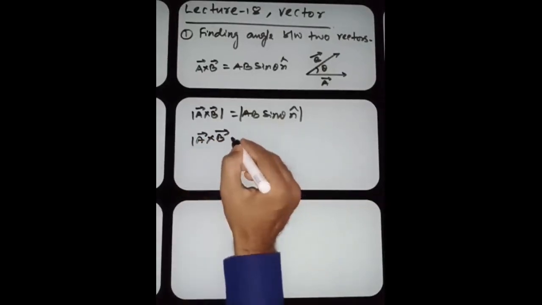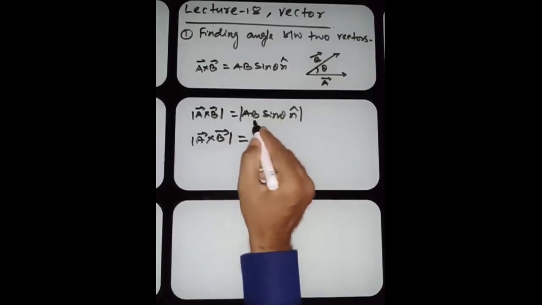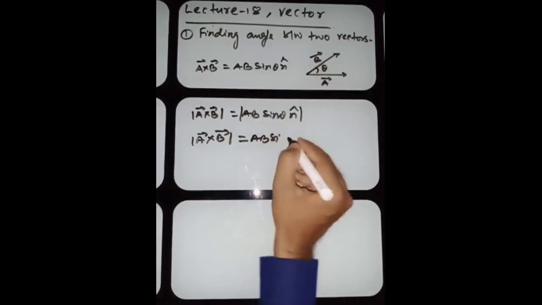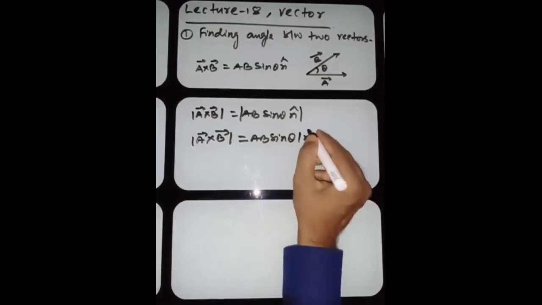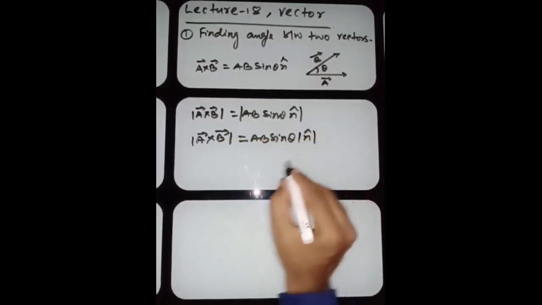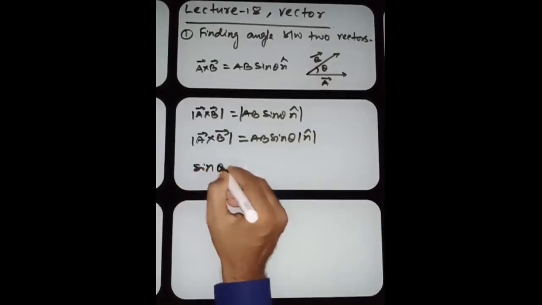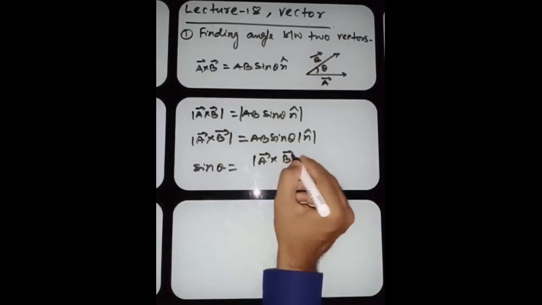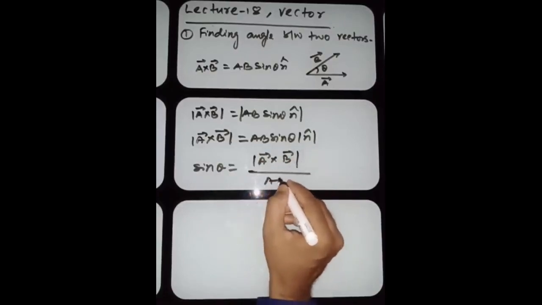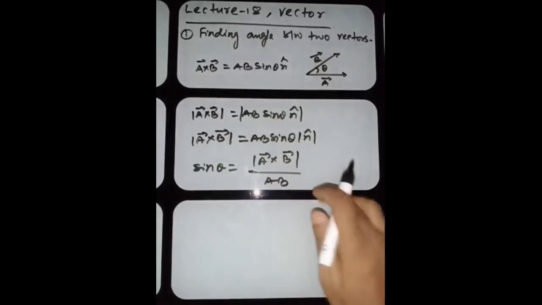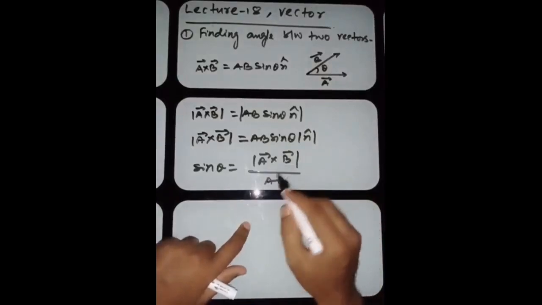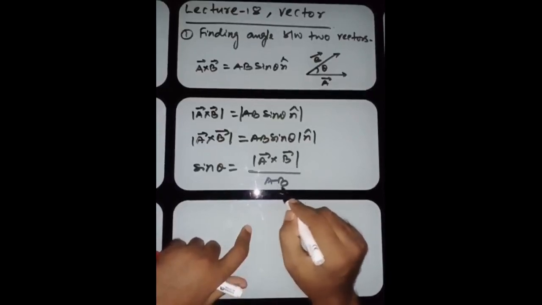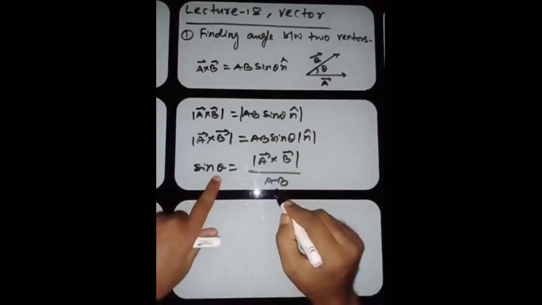The mod of n is 1. It means sine theta you can find out by mod of A cross B divided by AB. So by doing the cross product of the two vectors and dividing by the product of the magnitudes, you can find the angle between them.